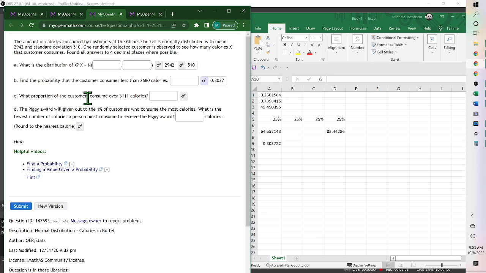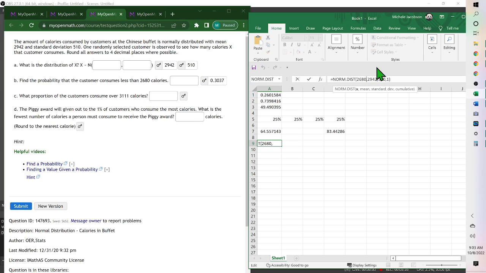What proportion of customers consume over 3111? So this one you'd have to subtract. Now, when you're typing all these, you can go into it again, and then we can just change that number to 3111 and hit enter, and it will change it.